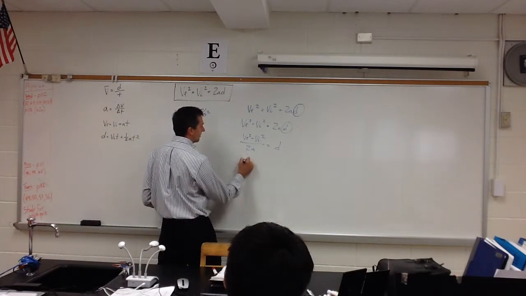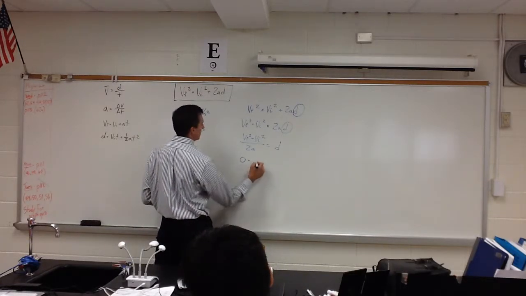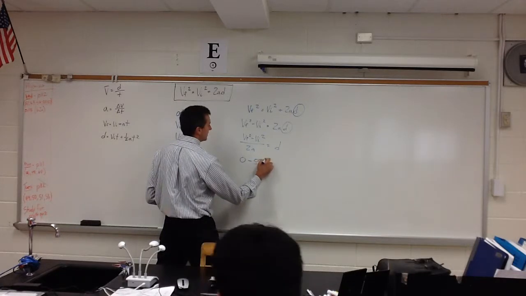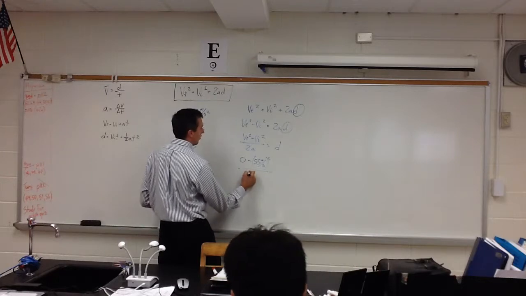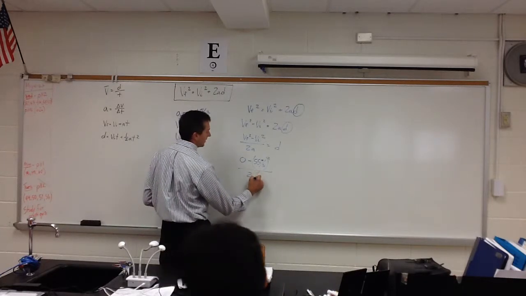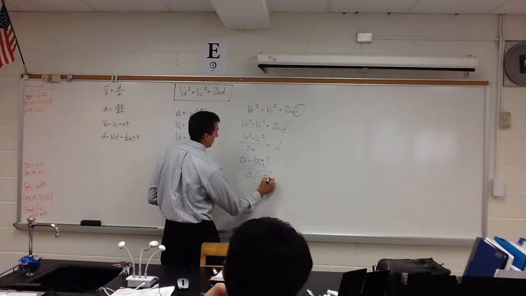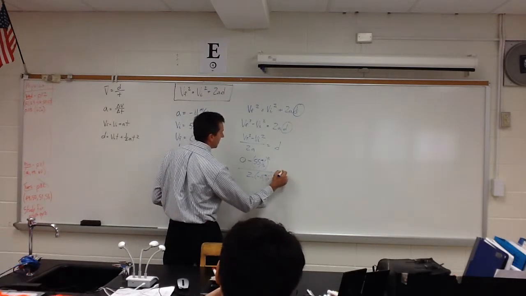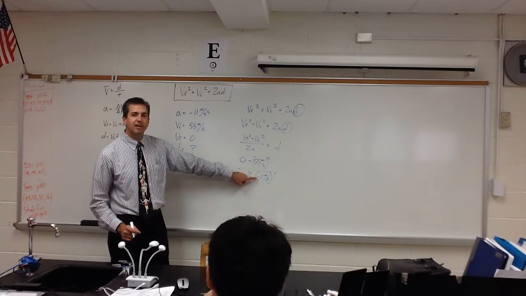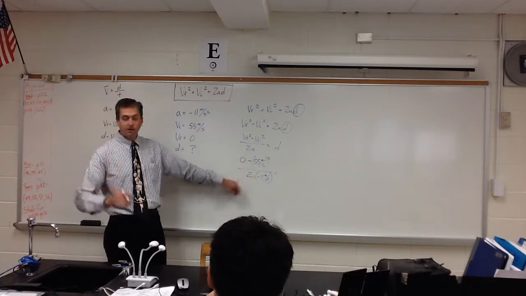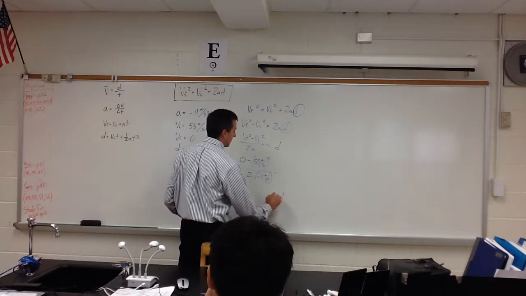So 0 doesn't require the units because it's 0. But then minus 55 meters per second, that whole term is going to be squared over 2 times a negative 11 meters per second squared. What's happening here is you're going to be left with a negative on the top, but you're also going to have a negative on the bottom, so the two negatives will end up canceling each other out, giving you a positive distance, as you would expect.